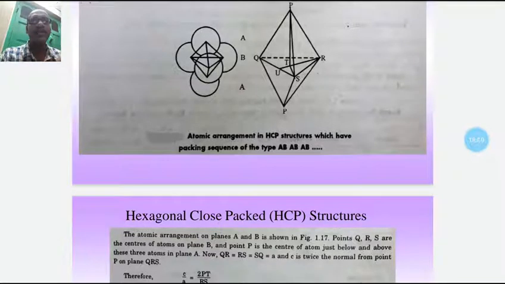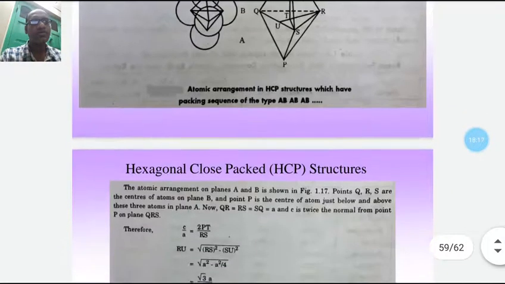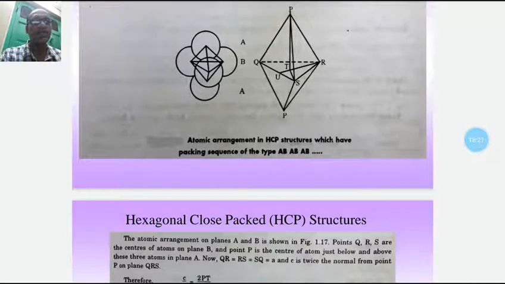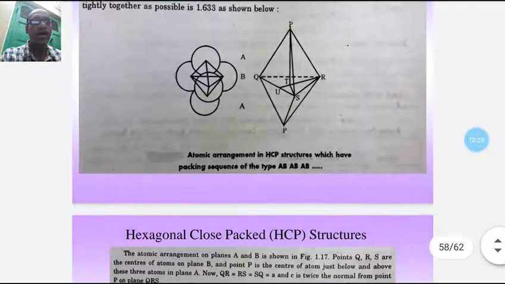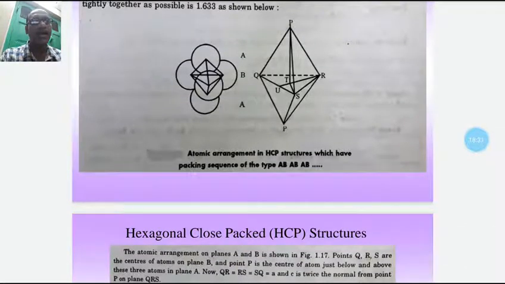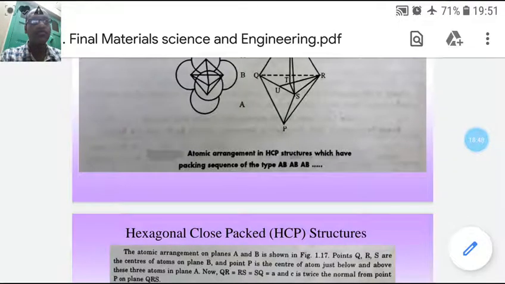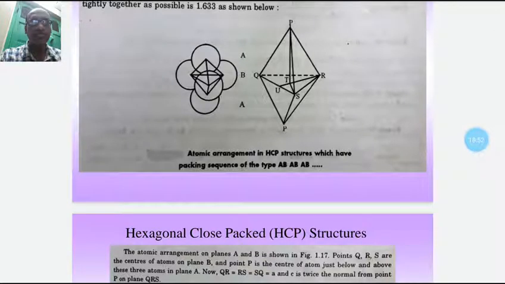And another 2 planes considered, where the face atoms are there, that is plane A. And point P is the center of the atom just below and above the 3 atoms in the plane A. Now QR, RS and SQ are equal to A, because from the center of these 3 interior atoms, if we calculate from center to center, that is 2R, and by the relation we know that 2R is equal to A for this hexagonal close pack.